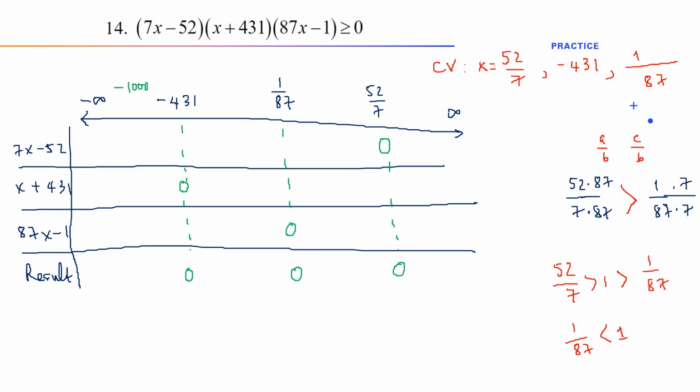This one I choose 0, because on the left side we have negative numbers, on the right side we have positive numbers. The number in between them is 0. That's the nice number, right? And then 1 for sure. And then 52 divided by 7, I don't know, I'll make more sense by choosing 100. That should be enough, right?